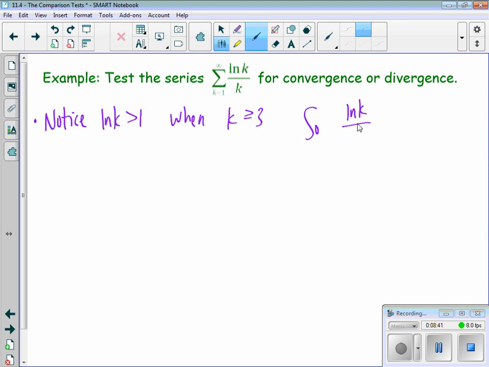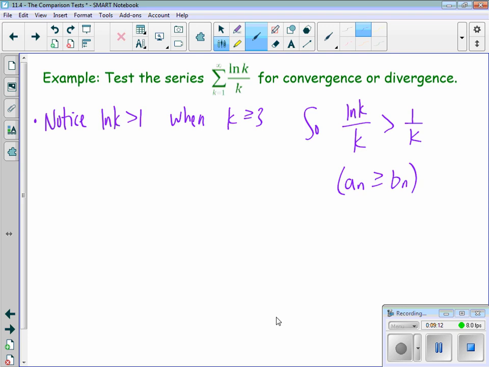So if we do natural log of k over k, that's going to be greater than 1 over k once we get bigger than 3, right? So eventually it's going to be larger than it. So this one here is my a sub n or my b sub n? A sub n. So really here I have that my a sub n is greater than or equal to my b sub n. So what am I hoping for my b sub n?